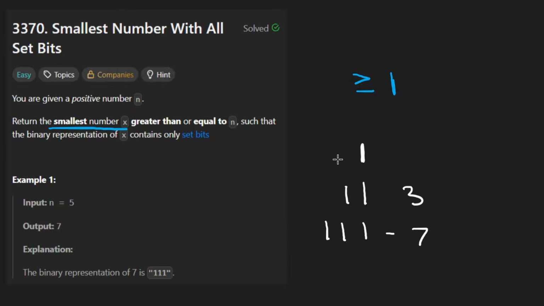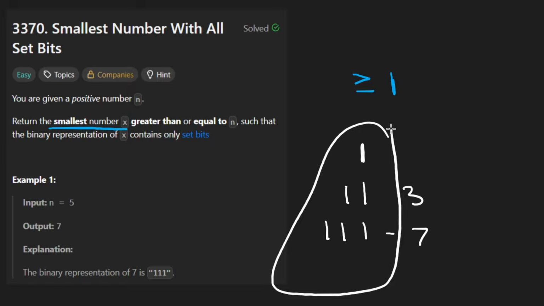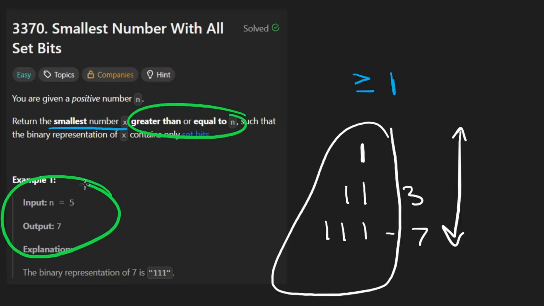So in other words, we want to enumerate all of these numbers that have all bits set, and among all of them, we want to find the smallest one that is greater than or equal to n. In this example, let's say n is equal to 5.